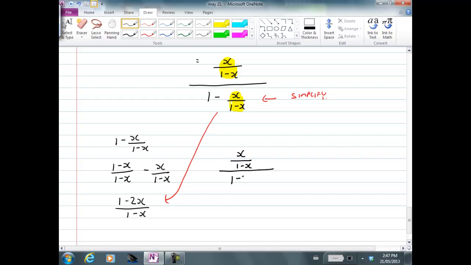I'm going to simplify. Now I'm going to flip it and multiply by the reciprocal. So this becomes x over 1 minus x times 1 minus x over 1 minus 2x. Now you cancel out the 1 minus x. So what you're left with is x.